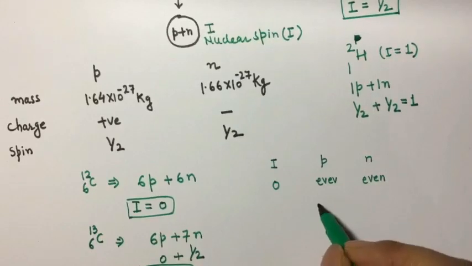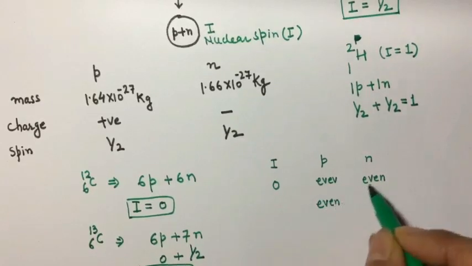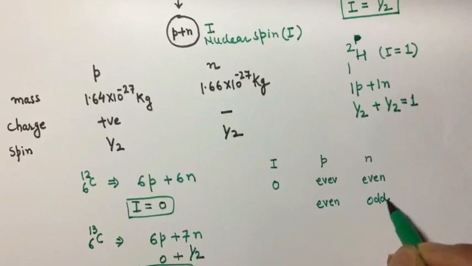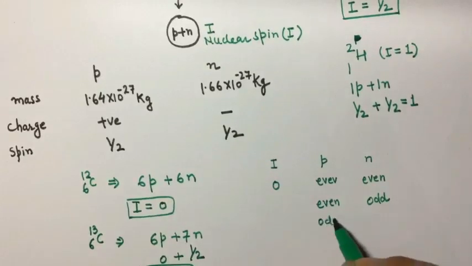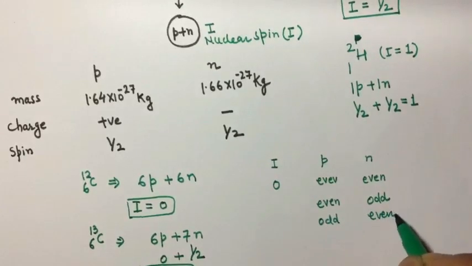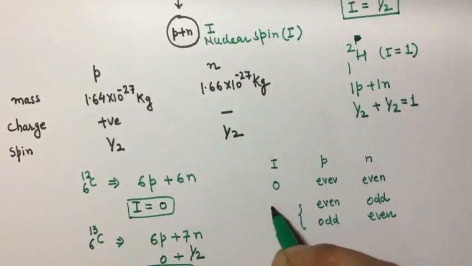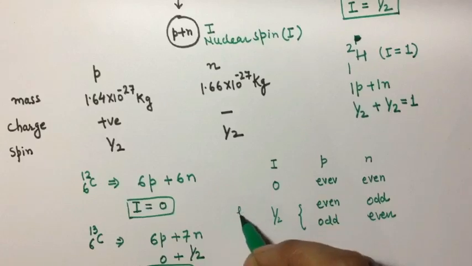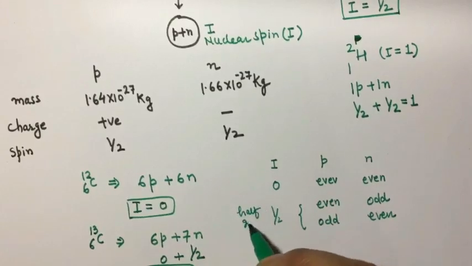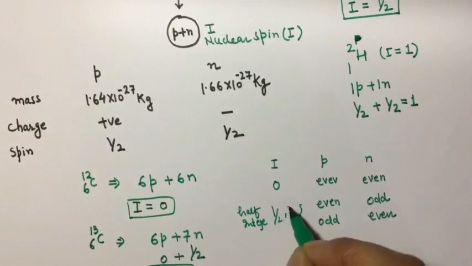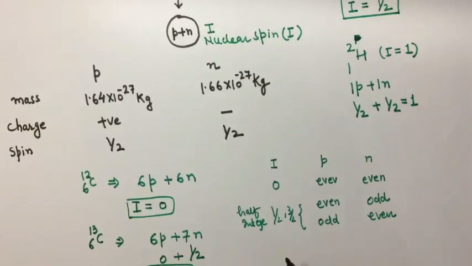If we have an even number of protons and an odd number of neutrons, or an odd number of protons and an even number of neutrons, then I is a half integer, like 1/2, 3/2, 5/2, etc. If both are in odd numbers, then I is an integer.